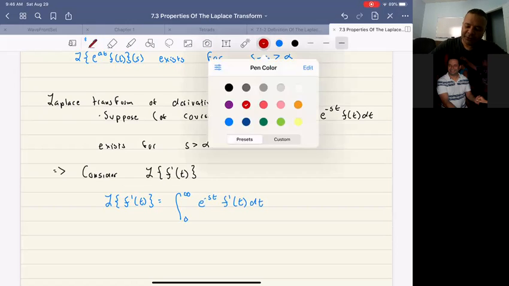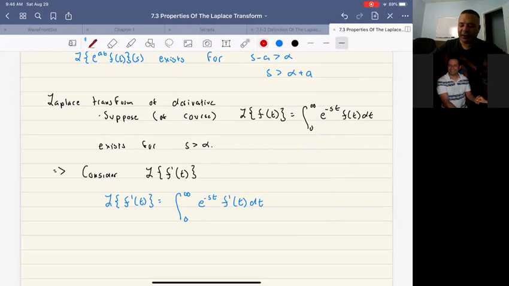Now, theoretically, we can do this by integration by parts. This is our dv. This is our u. So du is negative s e to the negative st, and v is f of t.